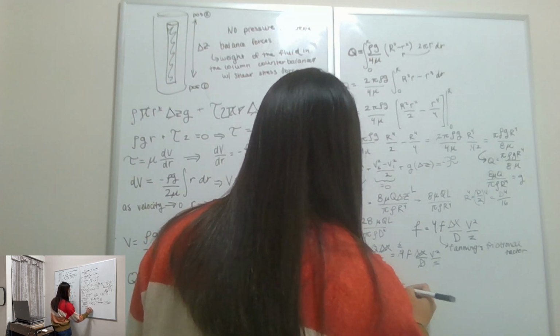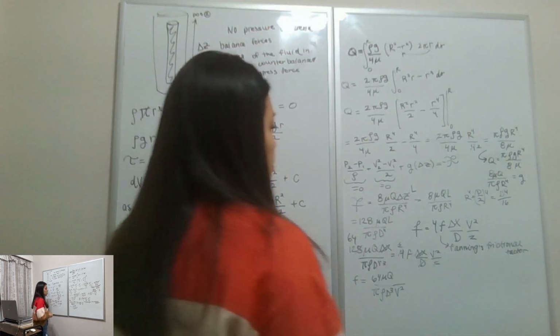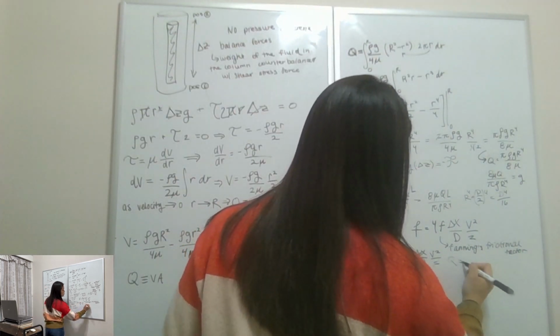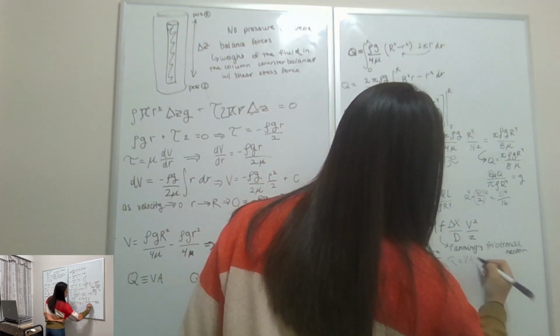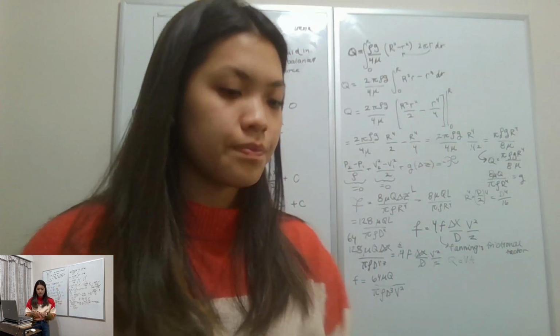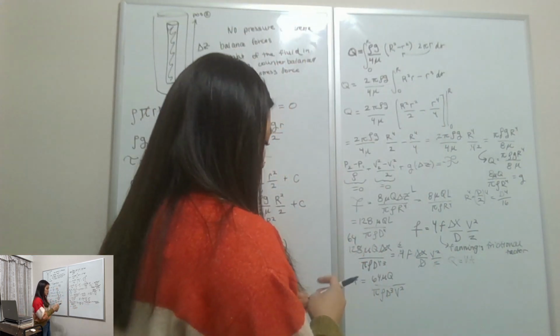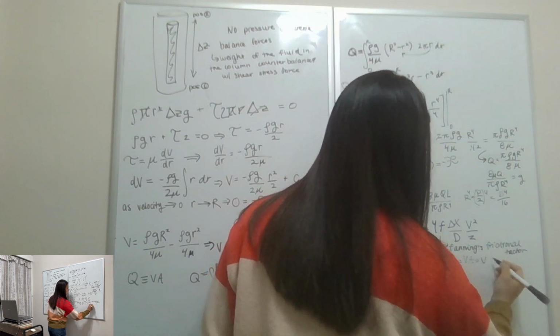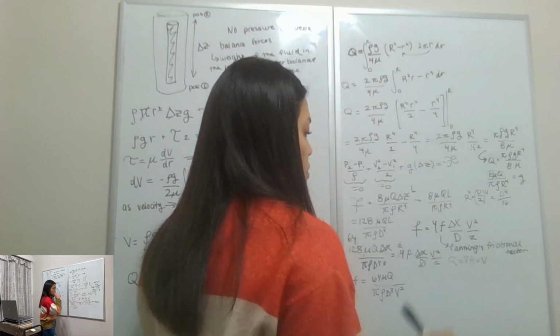times the velocity squared. And so the flow rate is equal to the velocity times the area. And so the area, the velocity times the area is changing with respect to radius.